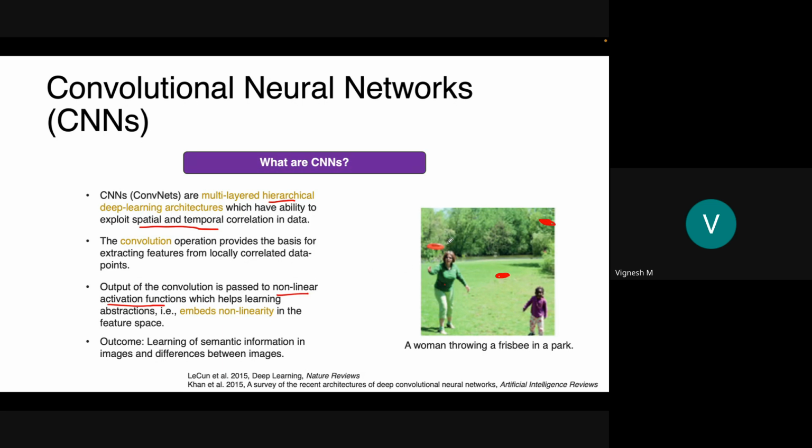What is the meaning of this image? If I give you this image, what will you say about it? If I don't show you this, what would you say about the image? The woman is trying to throw the frisbee, right? Like she's next to a child in a park, for instance. That's what you would say. That's the meaning that you are getting.